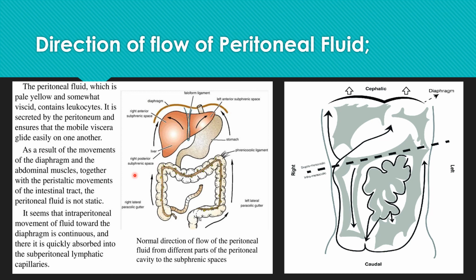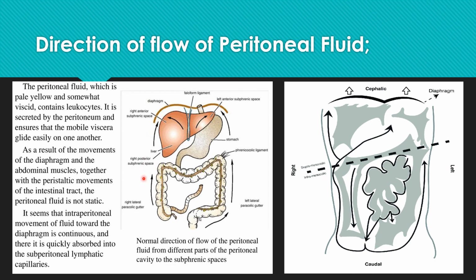Why does the fluid go toward the diaphragm? Because there are subperitoneal lymph nodes located under the diaphragm, which are responsible for the absorption of this peritoneal fluid.